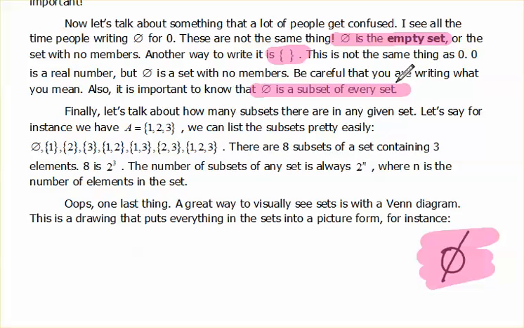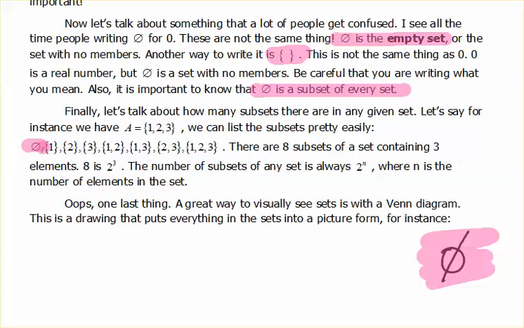All right, now let's talk about, if you have a set of numbers, how many subsets there are from that original set. So if we had a set with only three elements, 1, 2, and 3, we could list out the subsets pretty easily and quickly. Our first subset would be the empty set because it's a subset of all sets.